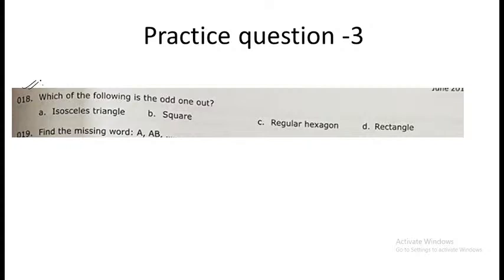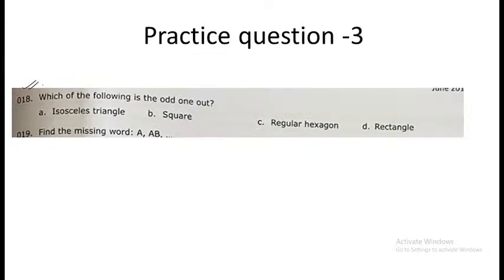Done, everyone? It's again very simple. Okay, so let's see the answer for this question now.